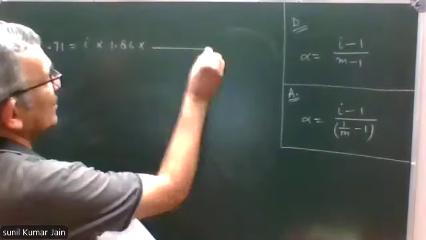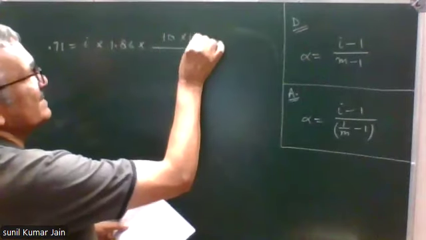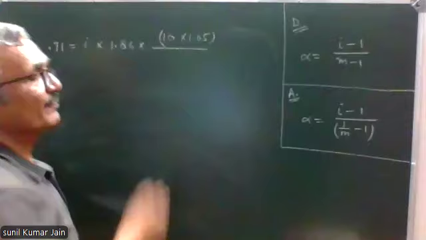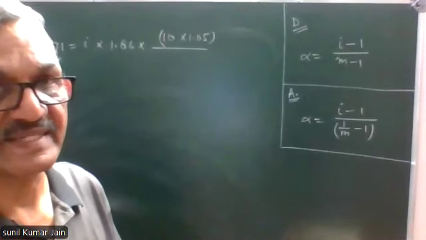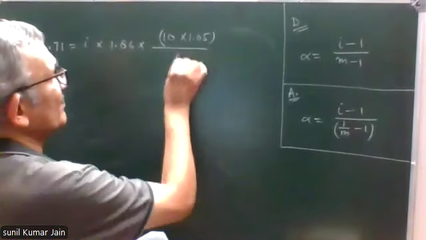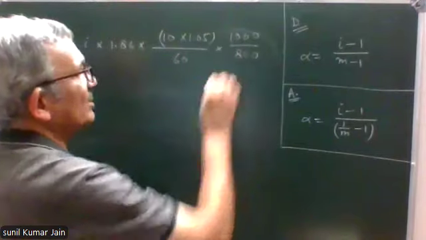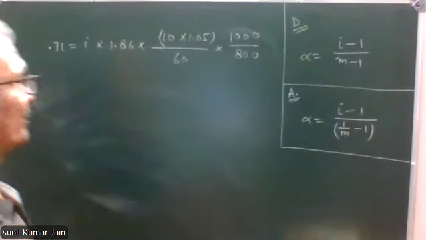Now see the molality part. We are given 10 cc of acetic acid and density is 1.05. 10 cc into density is the weight of acetic acid, that is solute, divided by molecular weight into 1000 divided by weight of water, 800 grams of water.